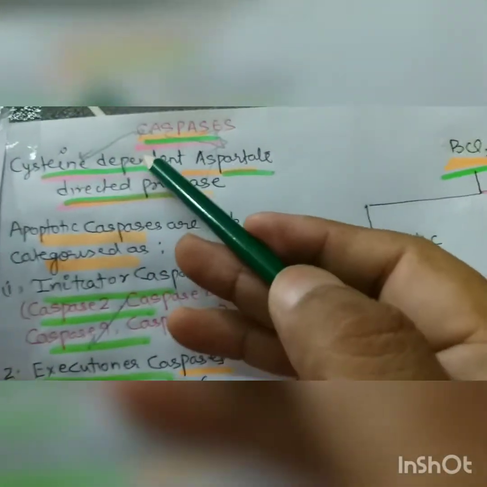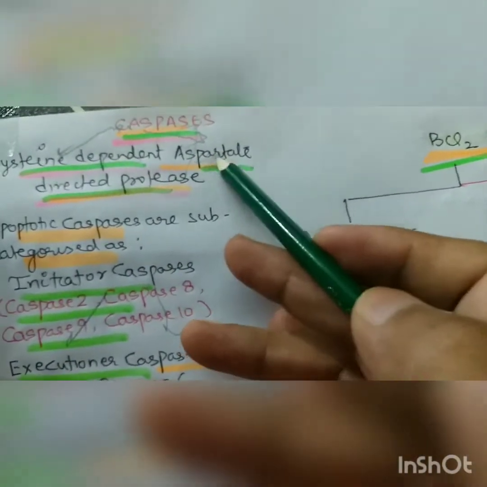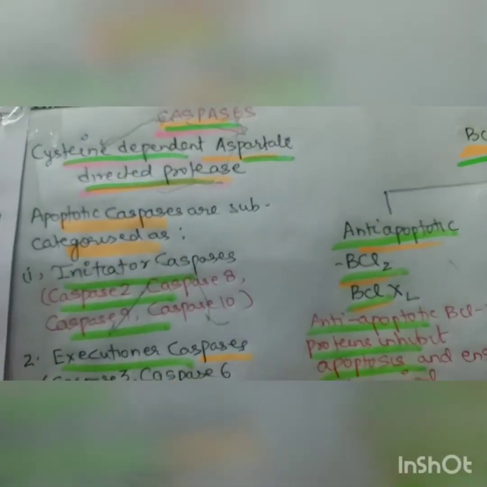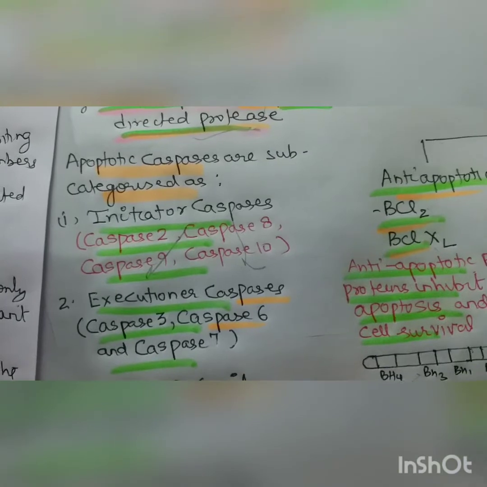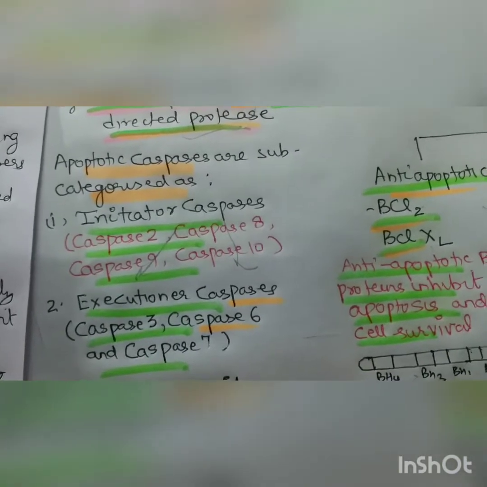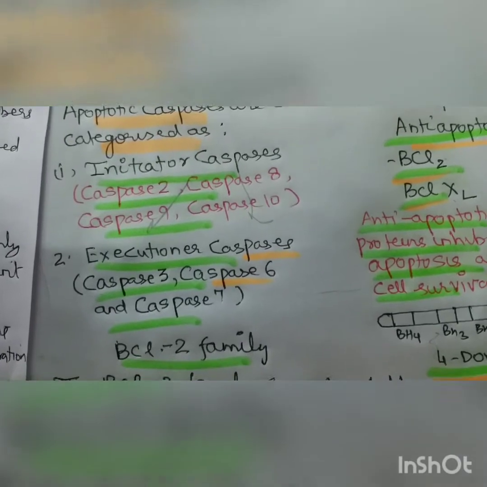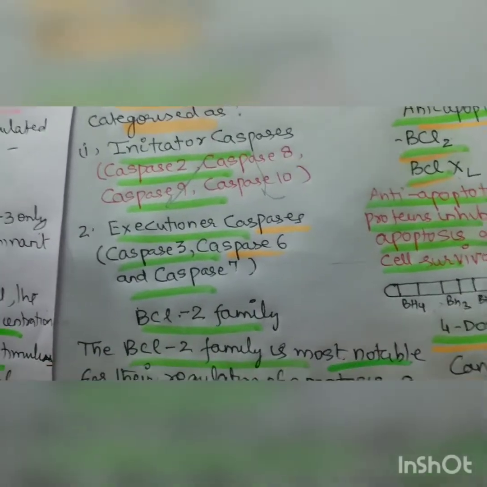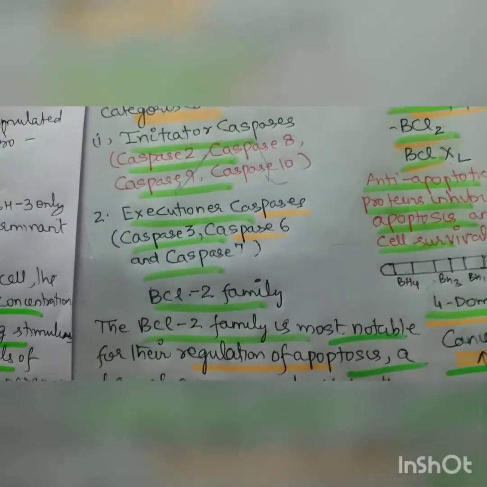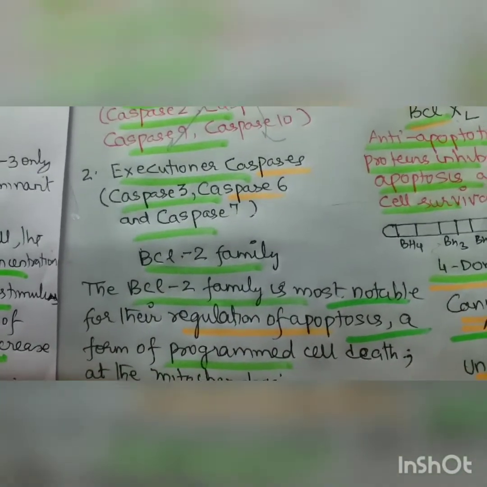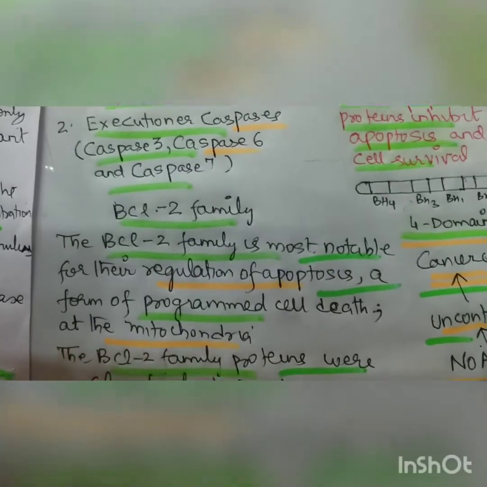CA from here, SP from here, and ASE from the enzyme. Apoptotic caspases are subcategorized into initiators 2, 8, 9, 10, and initiators further activate the executioner caspases, caspase 3, 6, 7. So this we did in the last lecture.